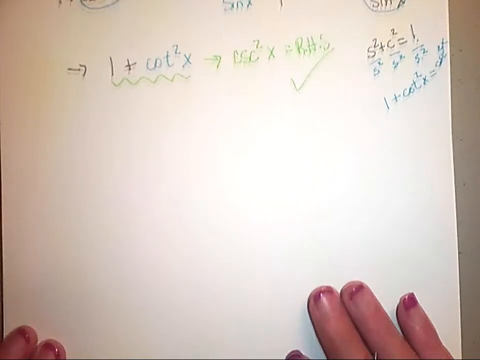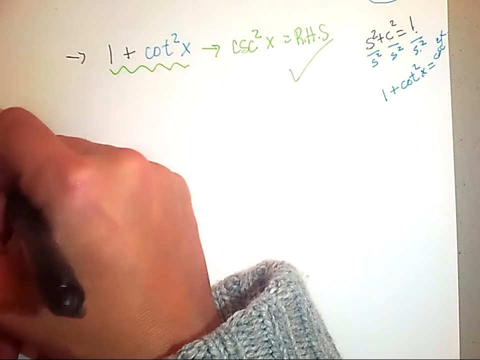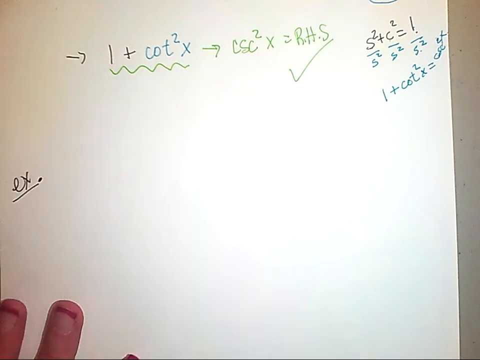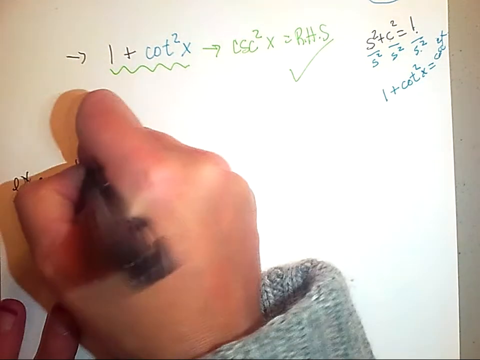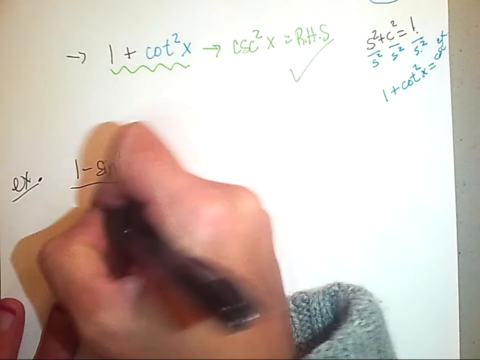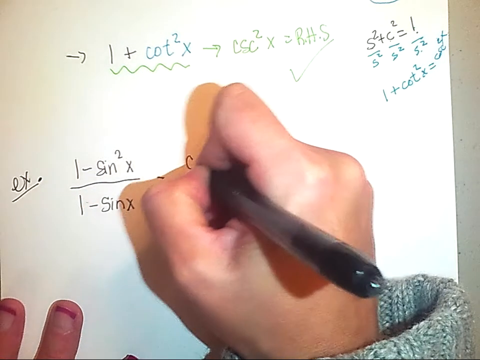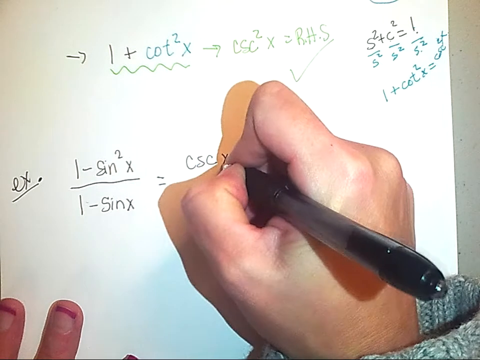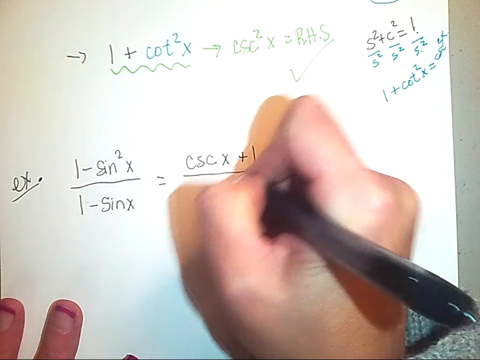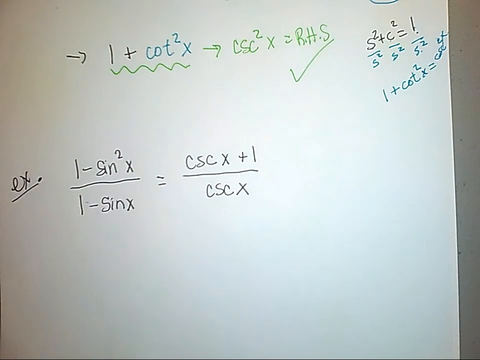Okay, let's try another one. Here's another technique that's going to be very helpful for you. Let's say 1 minus sine squared of x over 1 minus the sine of x is equal to cosecant of x plus 1 divided by the cosecant of x.